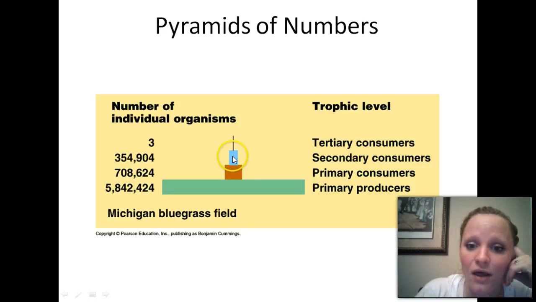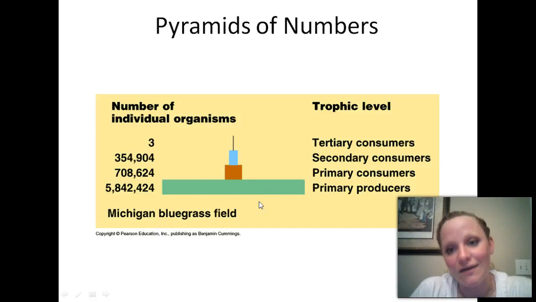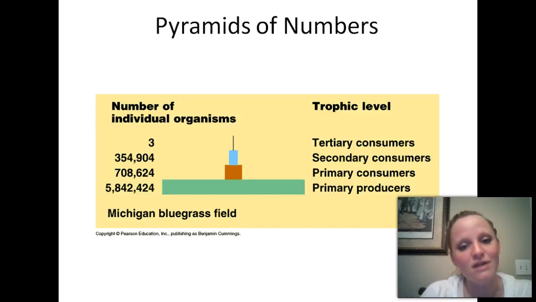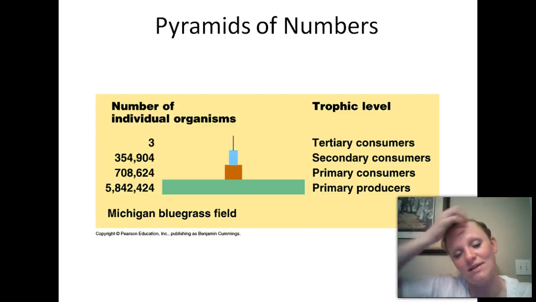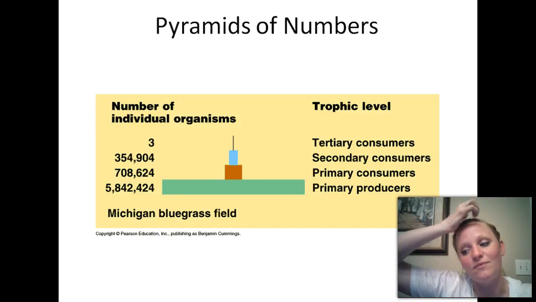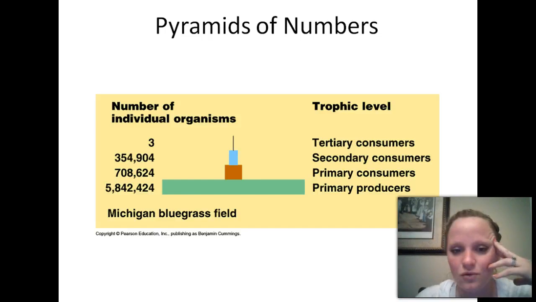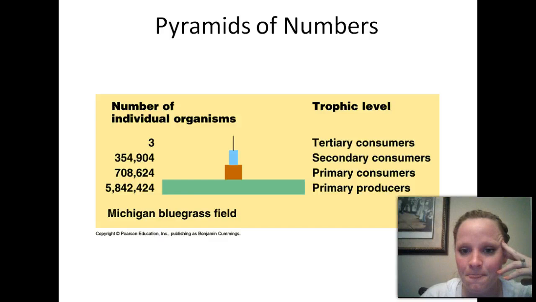And then again, the secondary consumers, you're dropping a little bit more, and then you can only support so many tertiary consumers with this amount of primary producers, which is why you have to have a certain amount of farmland to support a certain number of cows. You can't just pack 1,000,000 cows into one little pasture and expect everybody to get enough food. So it's kind of a play on the 10% rule, but nothing super significant.